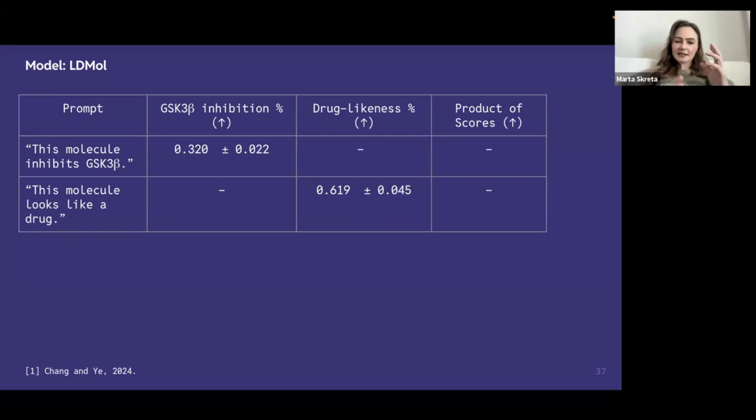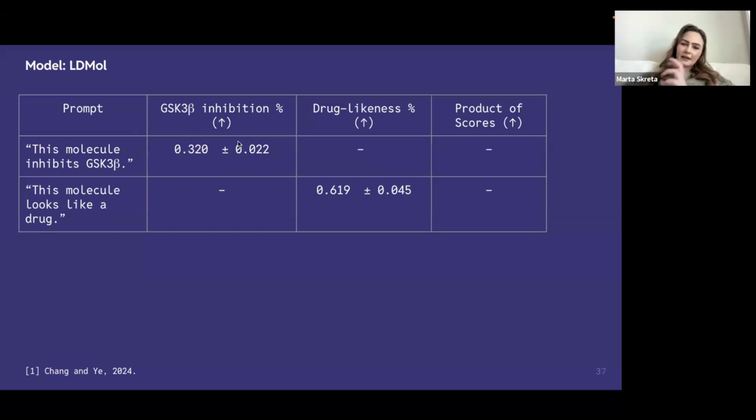The reason we use this is that it's quite simple to analyze different properties at the same time, because most models are trained on single properties. So here we're able to evaluate a bunch of properties altogether. If we prompt a model with "this molecule inhibits GSK3B", we get some percentage of that set of molecules being predicted to inhibit this enzyme.